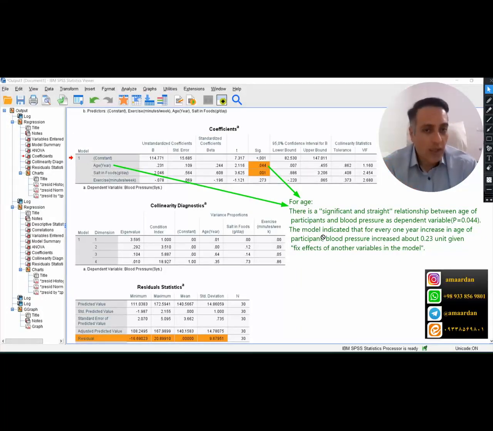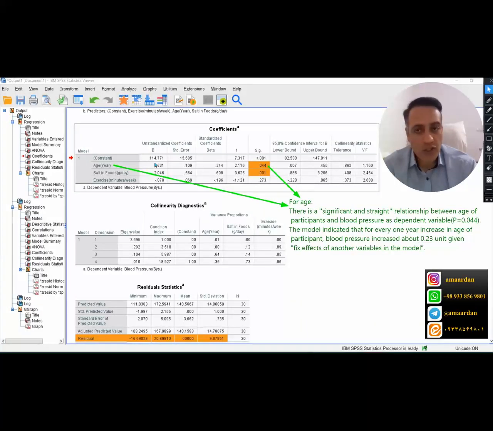The model indicated that for every 1 year increase. Why 1 year increase? Why not 1 month increase? Because the unit of age is year. The model indicated that for every 1 year increase in age of participants, blood pressure increased about 0.23. Why 0.23?